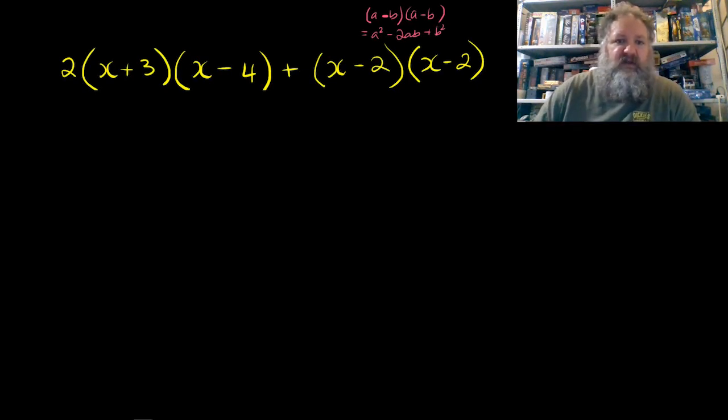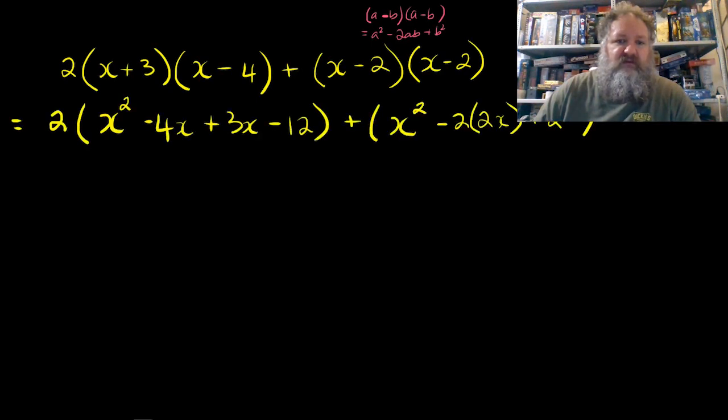All right, so I'm going to multiply out using the FOIL method and also using my rule, and I will get this. You should be able to tell why I got this. I'm not going to go through it every single time. You should be getting practiced at this by now. x squared right there, negative 4x from our outside values, plus 3x from our inside values, negative 12 from our last values.